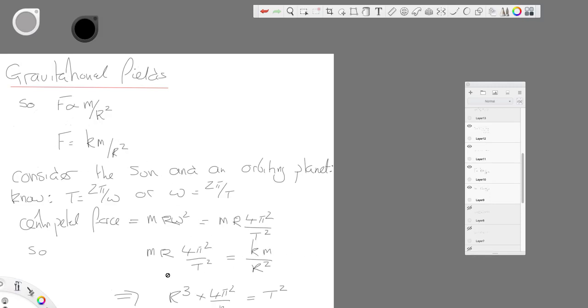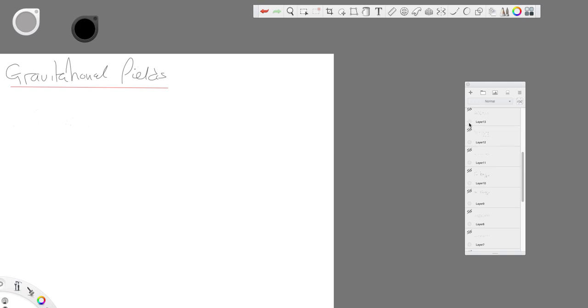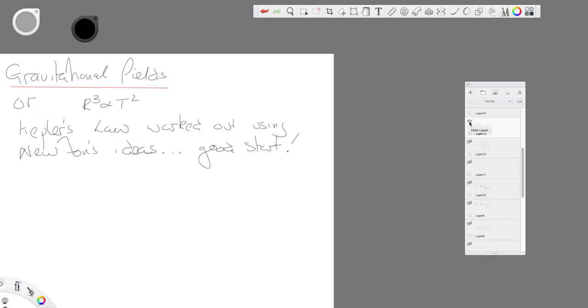If we rearrange that, we get r cubed times some constant equals T squared. So r cubed is proportional to T squared, that's what Kepler said.